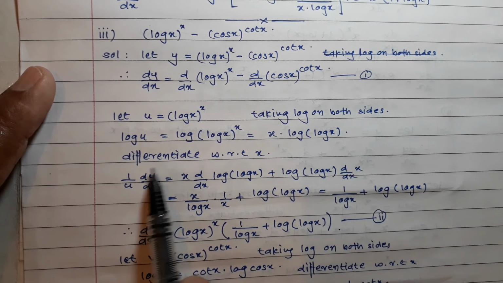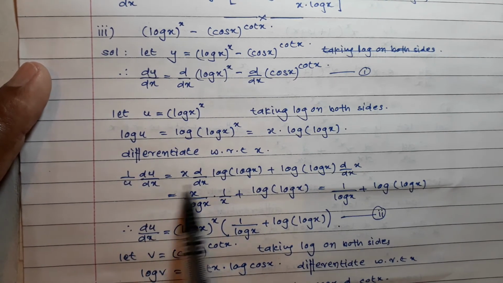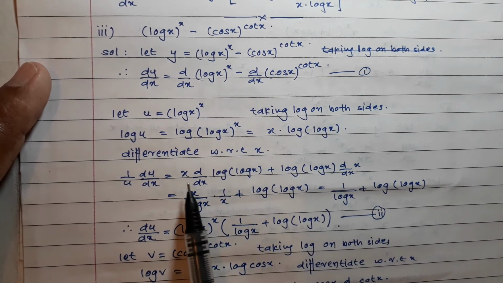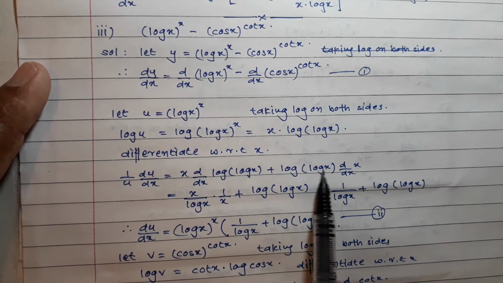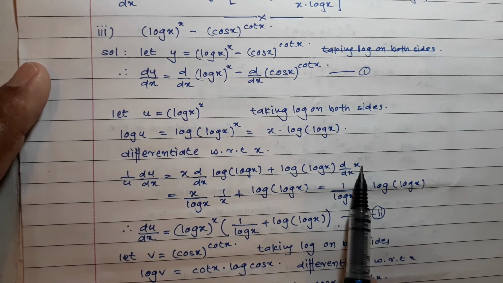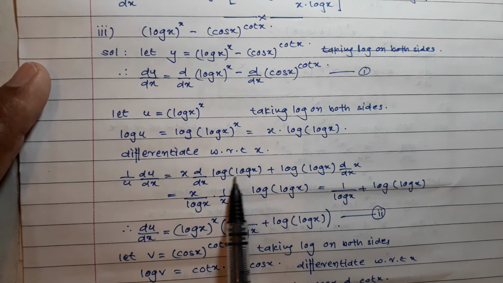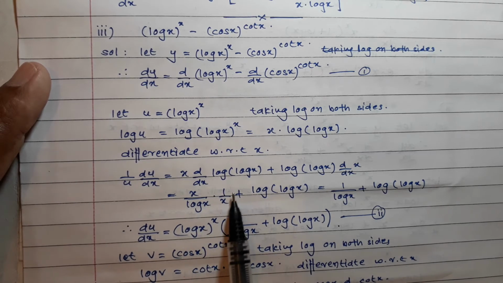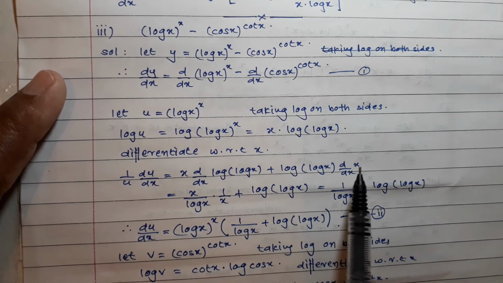Okay, so differentiate with respect to x. 1 upon u du/dx is equal to, here you use u into v, x d/dx log log x plus log log x into derivative of x. So it is x into 1 upon log x into 1 upon x, plus log log x.